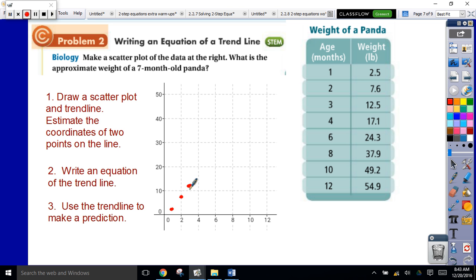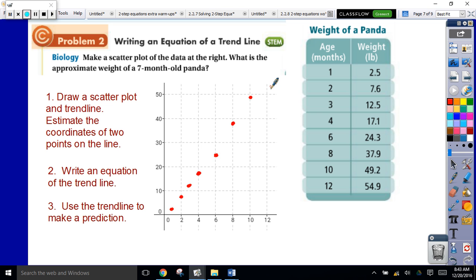When the panda is 4 months old, it has a weight of 17.1 pounds. When the panda is 6 months old, skipping over here to 6, it has a weight of 24.3. 8 months has a weight of 37.9. 10 months, 49.2. We're almost to the 50, and at 12 months, 54.9.